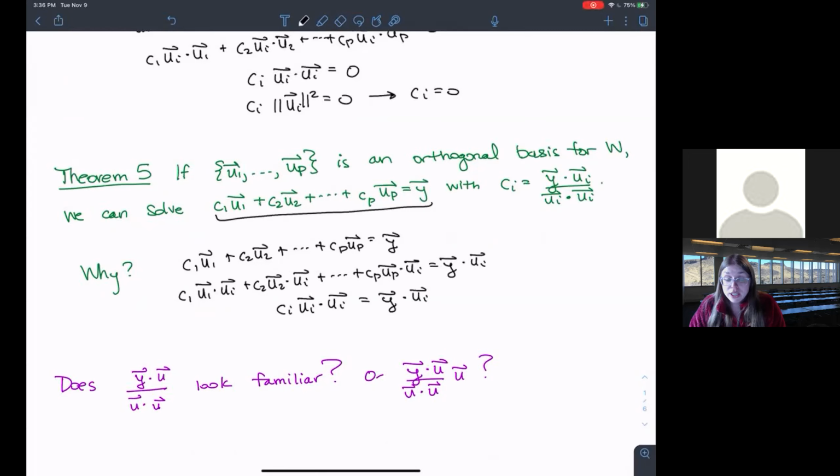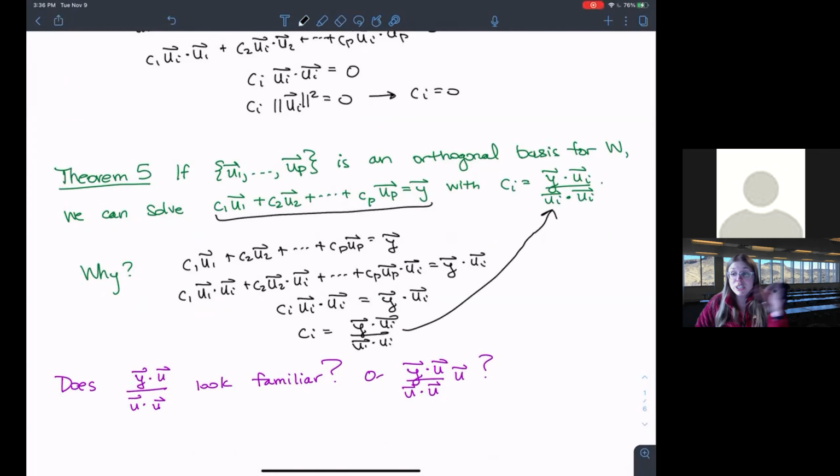Again, ui dot ui is really just the same thing as the magnitude of ui squared. These are non-zero vectors. It's an orthogonal basis, so none of them are the 0 vector. And so because of that, we know that ui dot ui is non-zero, so I can divide by it. And I get ci is y dot ui over ui dot ui, as stated in the theorem.